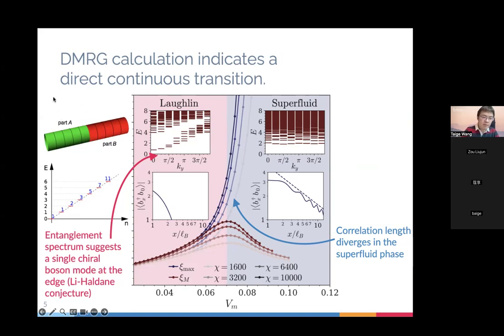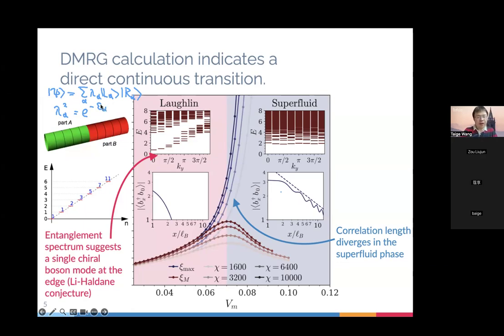So maybe let me write it more clearly and a bit more in the MPS language. For any state psi, you can do a Schmidt decomposition. And we call lambda alpha squared e to the minus epsilon alpha.